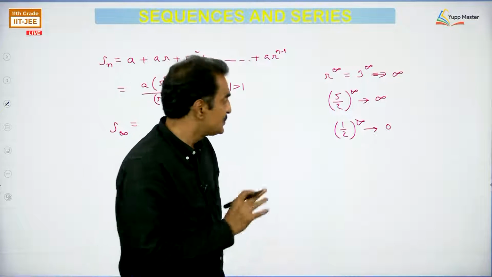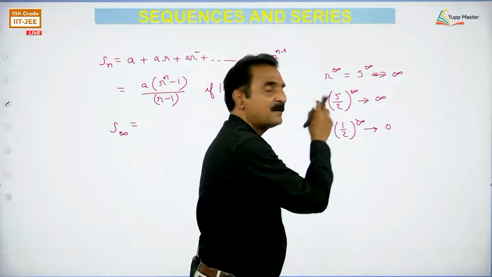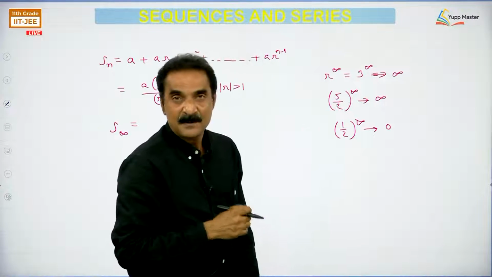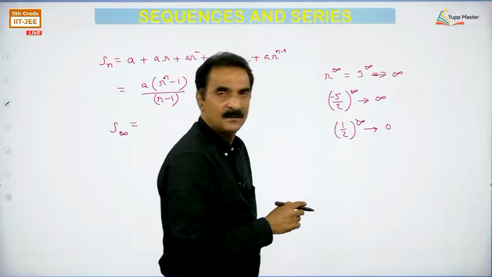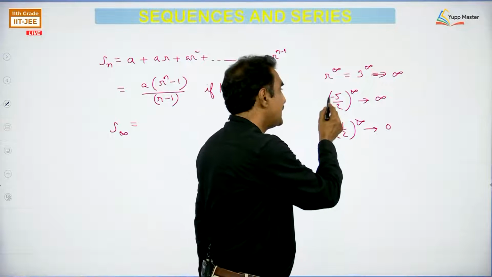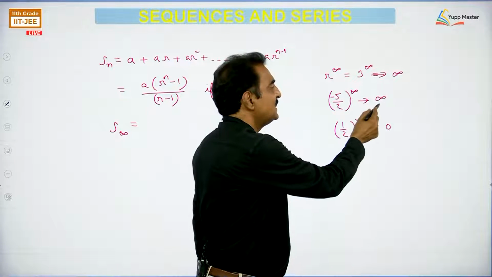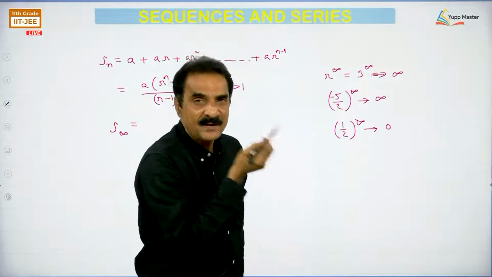So, we have to remember that when the base is less than 1, that number power infinity tends to 0. When the base is greater than 1, that number power infinity tends to infinity. Even if it is negative, what happens? If the power is even, it becomes plus infinity. If the power is odd, it becomes minus infinity.